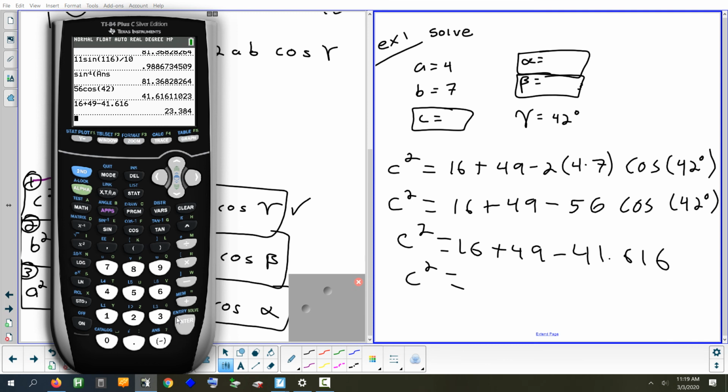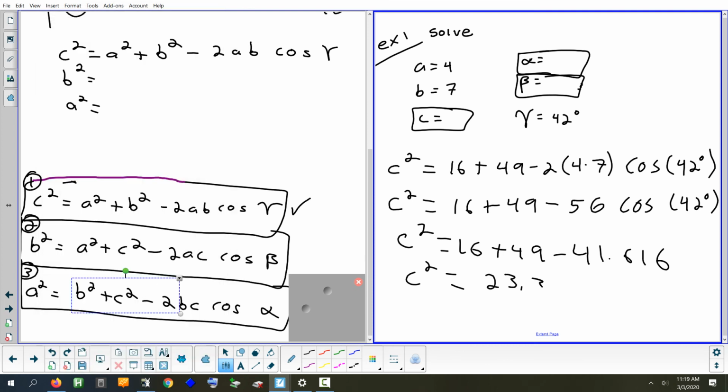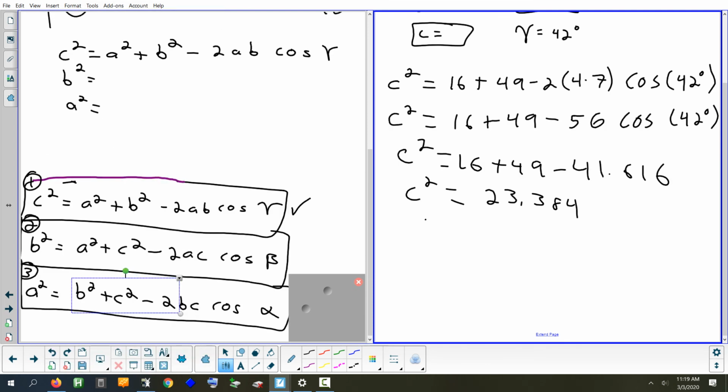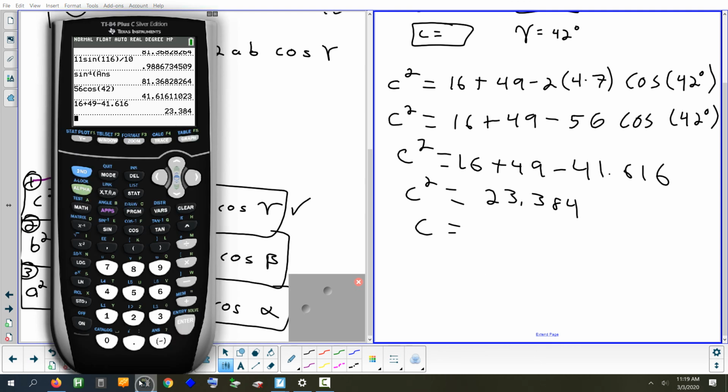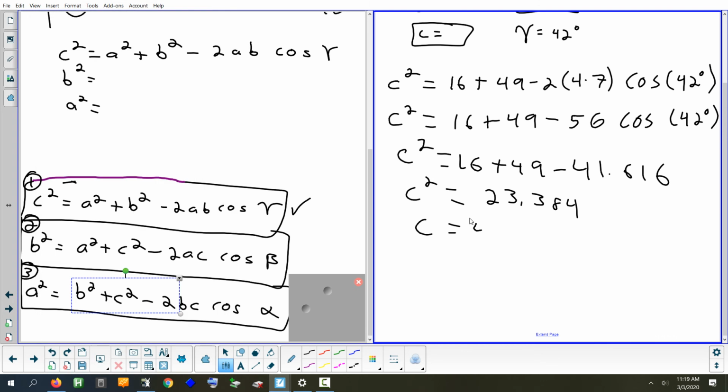So 23.384. And my last step would be square root. So square root of 23.384. So that's about 4.836.